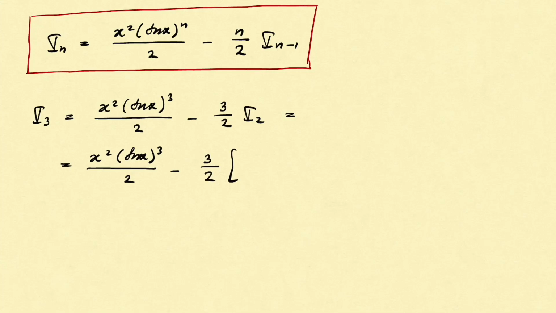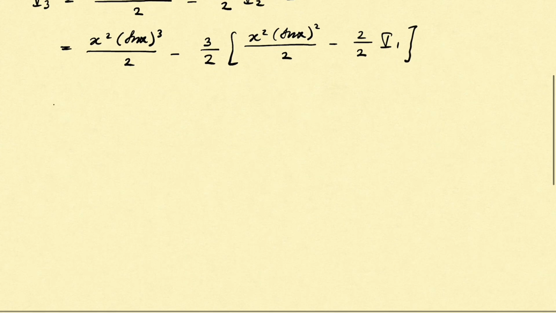Now, I2 is, again, we look back to this formula. I2 is x squared ln x squared over 2 minus 2 over 2 I1.